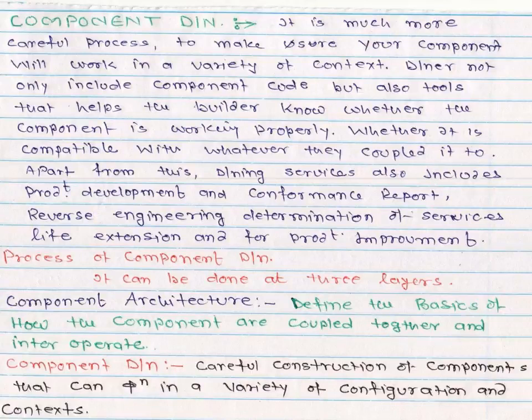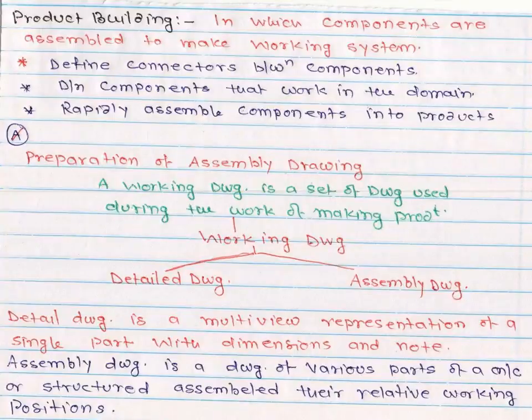So we have to prepare the architecture, showing how these components are attached or assembled. It requires careful construction of components that can function in a variety of configurations and positionings. In product building, components are assembled to make working systems. So we define connectors between the components.